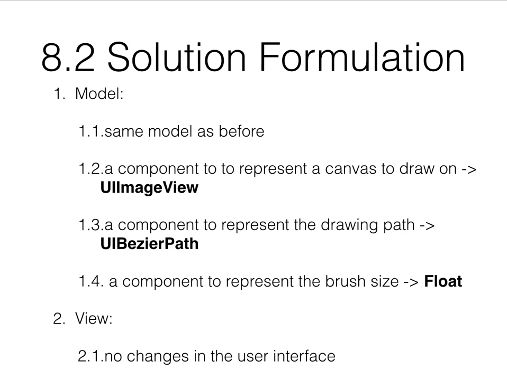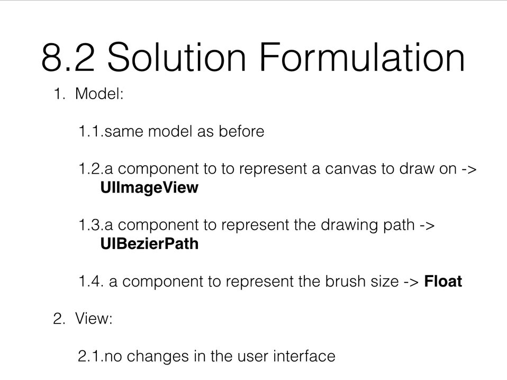So the same model as before for the view, but then for painting, you need a brush, which in our case will be our finger, and this brush needs a thickness and a color, so we'll use the color that we created, and we'll just assume a thickness, and then use the touch of the finger to represent the brush. Then you need what you draw on.